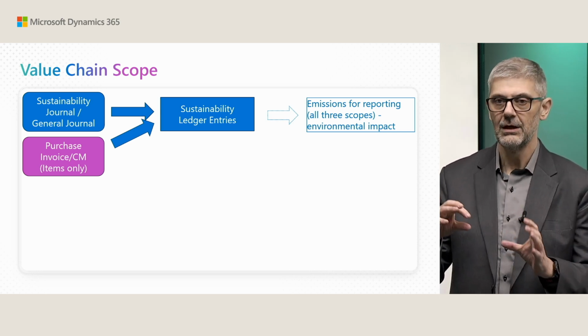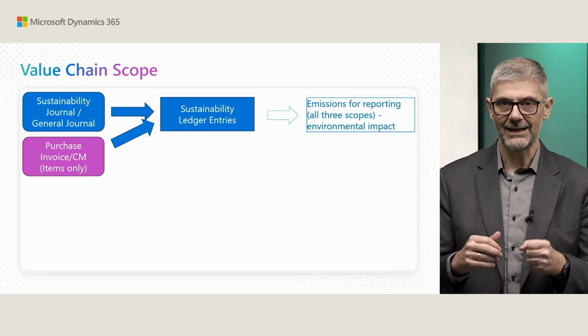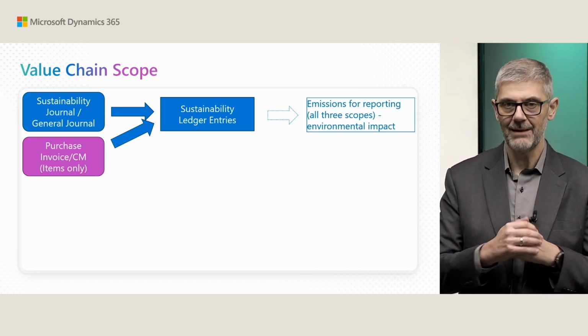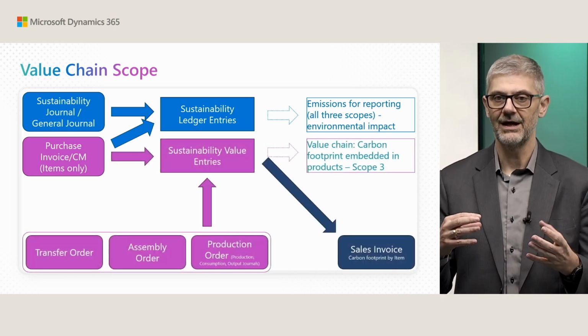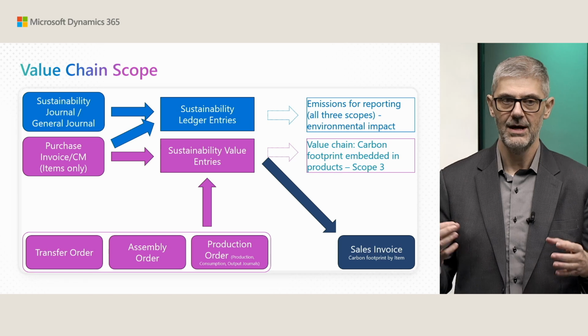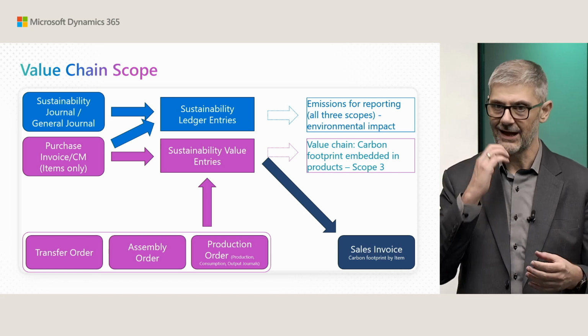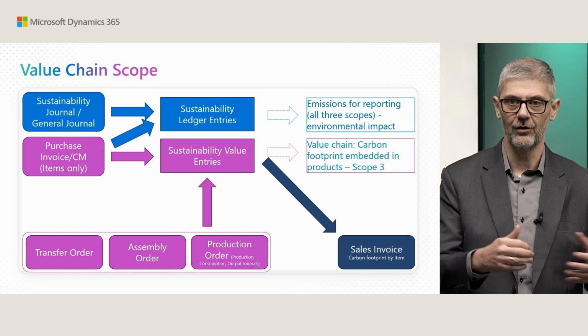This is what we used earlier, but now with the new wave, we enable absolutely new functionality related to value chain. We have sustainability value entries. This is very similar to the costing method we had earlier for items.